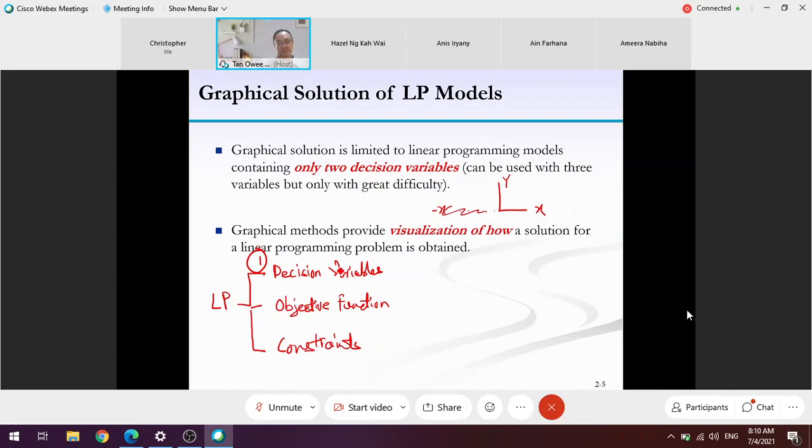A graph that you could plot on a piece of paper consists of a maximum of 2 axes. Therefore, you can only use the graphical method to solve a linear programming that consists of 2 decision variables. If the linear programming that you constructed has more than 2 variables, then you're not able to solve it using graphical methods. You get me?